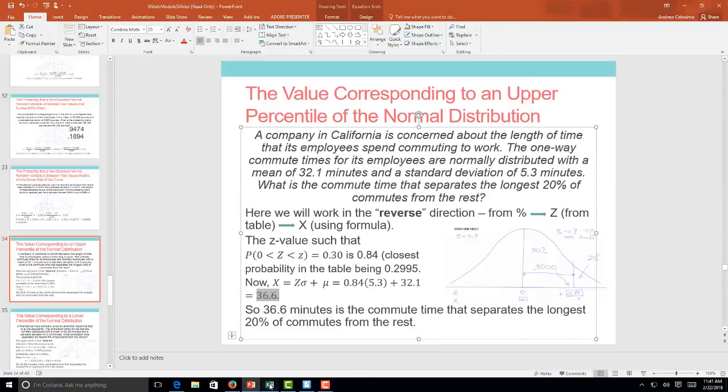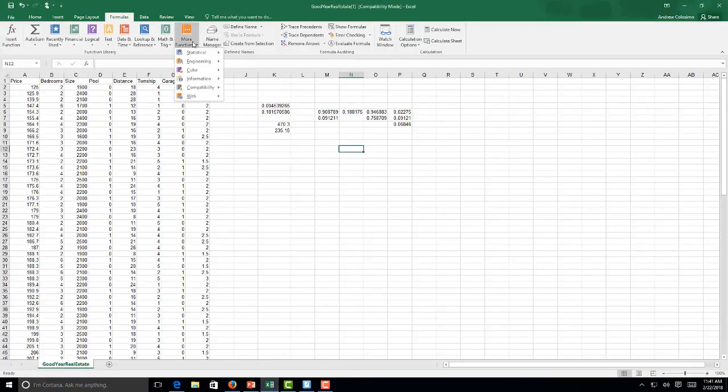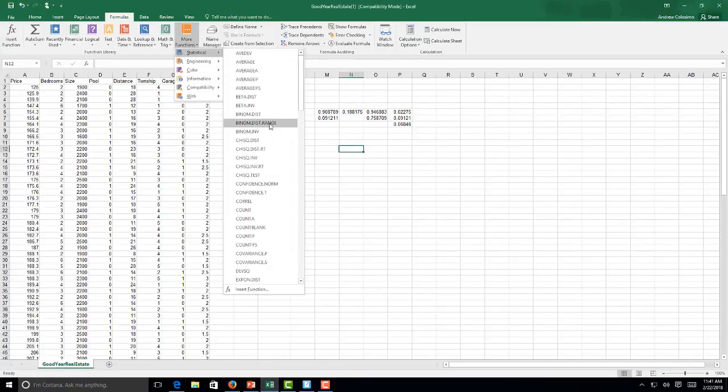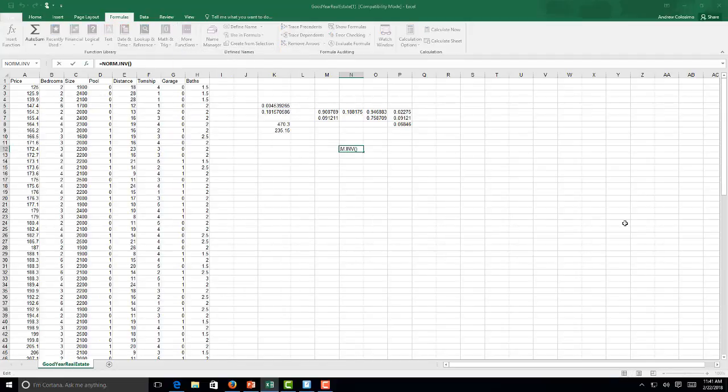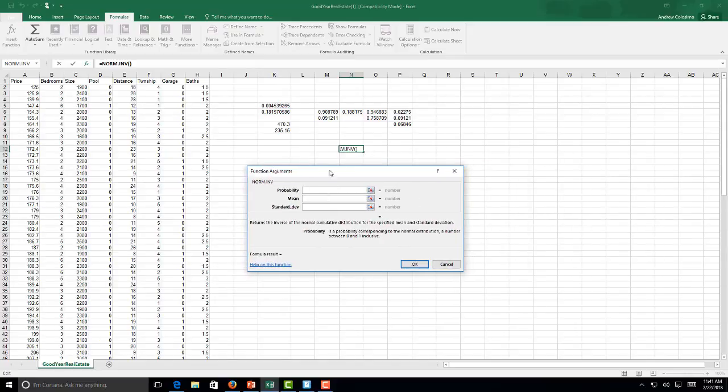Now, for Excel, there's actually a formula for this. If you go to the statistical, go to the normal distribution area, instead of doing normal dist, you're going to do normal INV, which is the inverse. The probability is 0.8, or 80%.